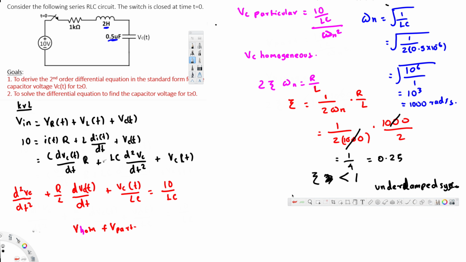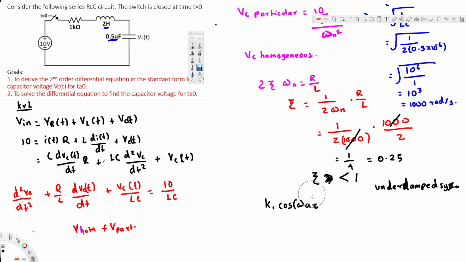Okay, so the general solution for this homogeneous differential equation is going to be in this pattern. That's going to be k1 cos omega d t. Okay, let's rewrite this one. k1 cos omega d t.